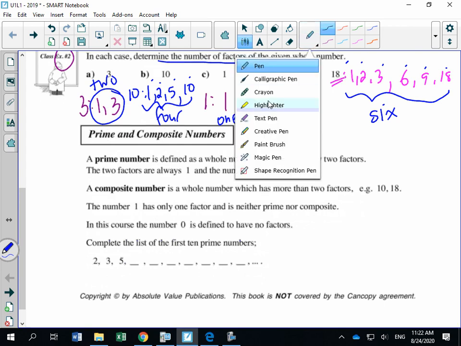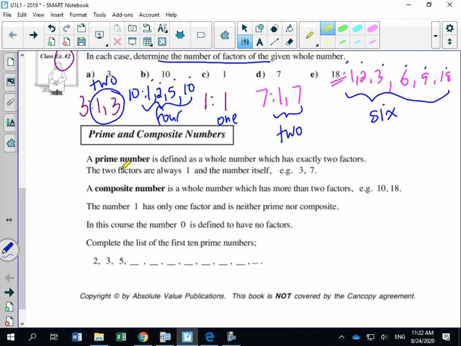Now what we're going to move on to is the definition of a prime versus composite number. So highlight prime and highlight composite. The definition of a prime number: it's a whole number which has exactly 2 factors.